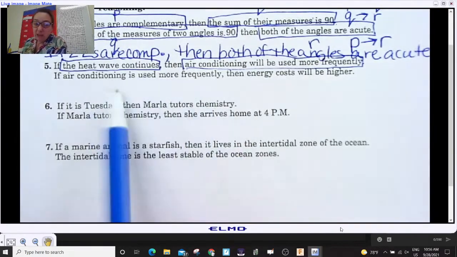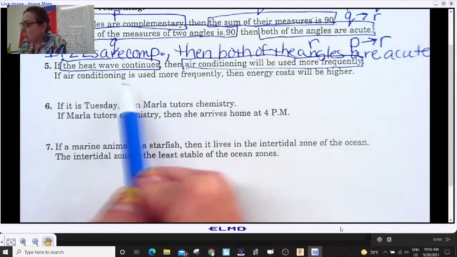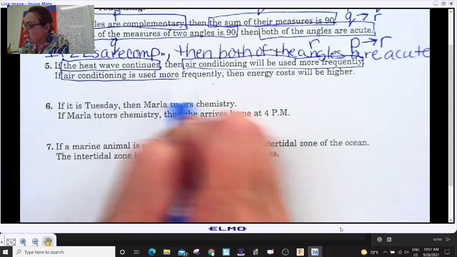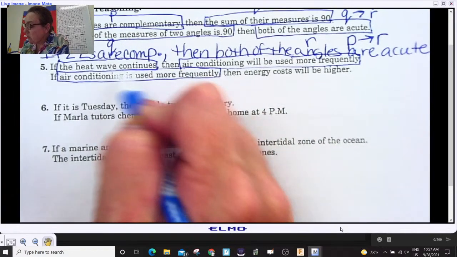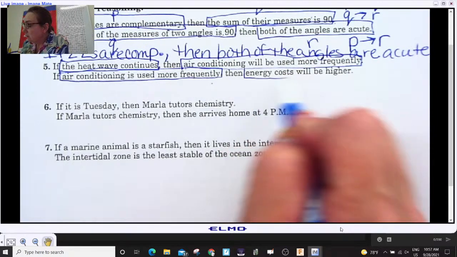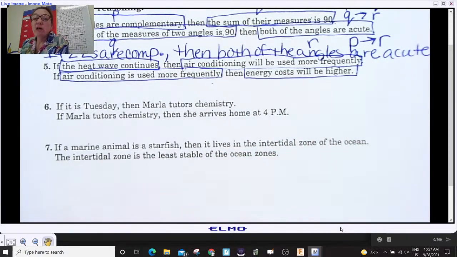Okay, now second sentence. If air conditioning is used more frequently, y'all notice that we are repeating what we just said. If air conditioning is used more frequently, then what happens? Energy costs will be higher. So the conclusion that we can draw is we take our first hypothesis.